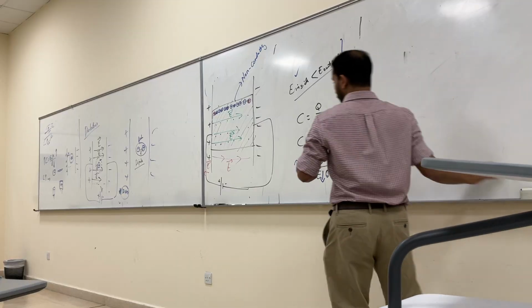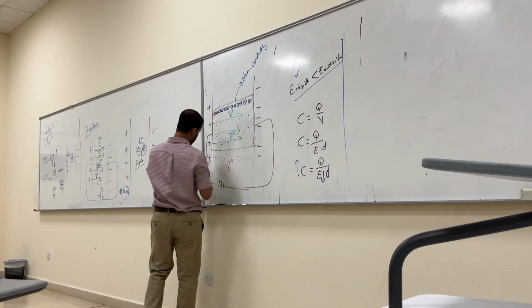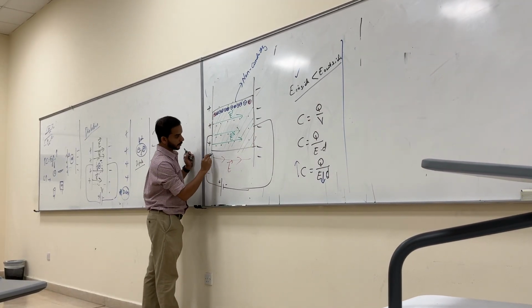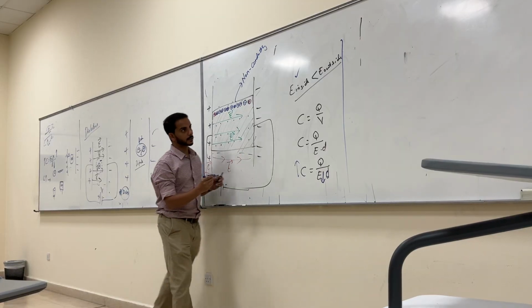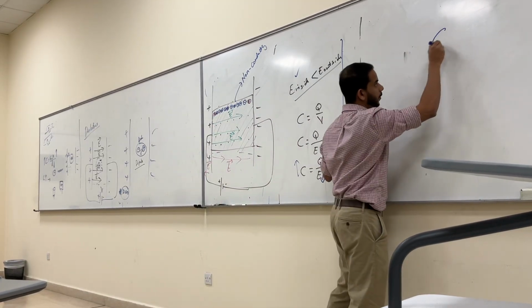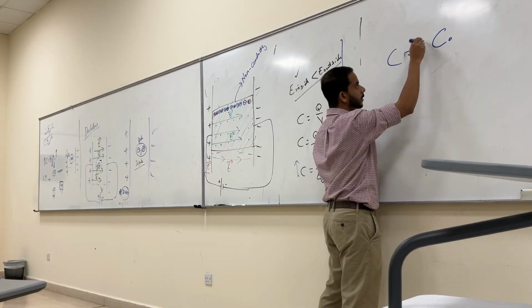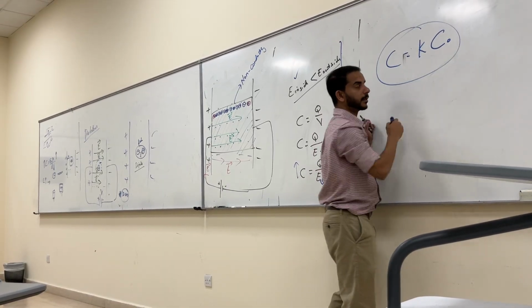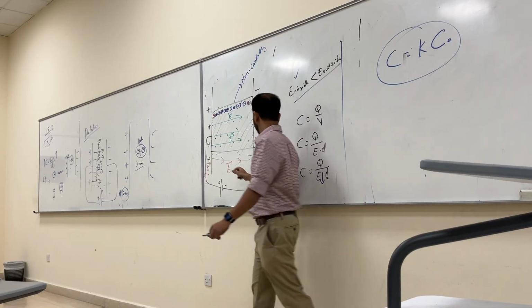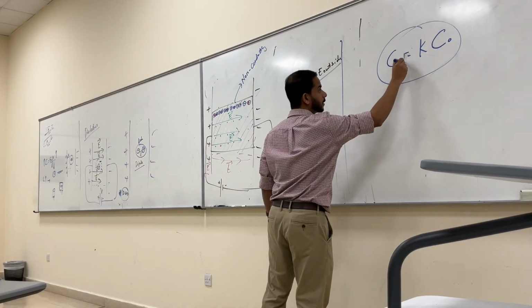So when you look at the capacitance inside and outside, you see a difference. When you look at the capacitance in the region where you don't have any material, let's say that capacitance C0 or C outside will be lower than the capacitance inside.